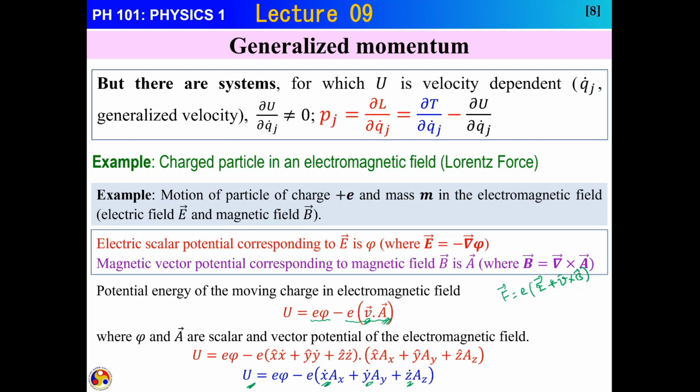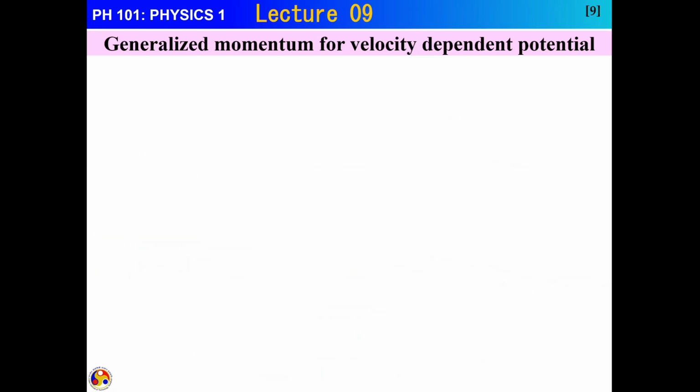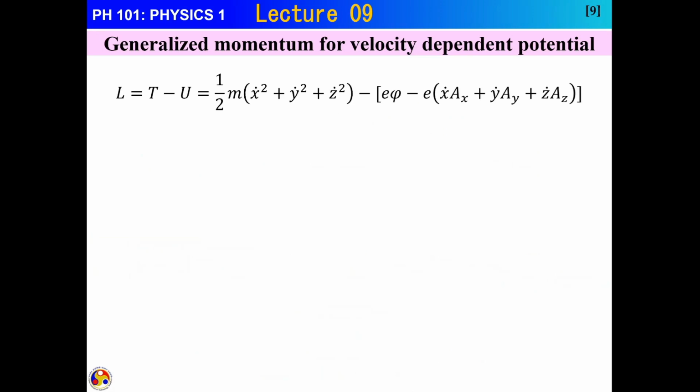Now if you put this in the Lagrangian formalism, L is T minus U. We know T already, and now U is placed here. If you do the same for the generalized momentum, that is the partial derivative of the Lagrangian with respect to the generalized velocity, what is going to happen?